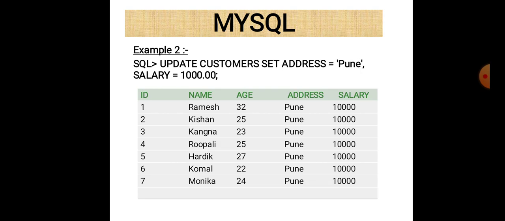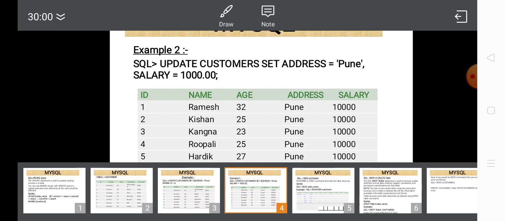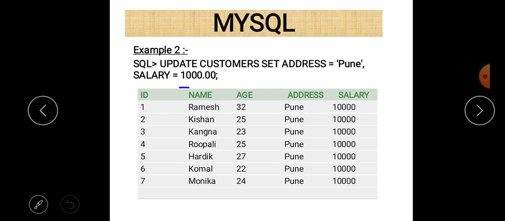And if you want to change address as well as salary, just write update customer set address is equal to Pune. After a comma sign you can mention salary is equal to 10,000. A little bit of a mistake is here, it should be 10,000. So now the new salary will be 10,000.